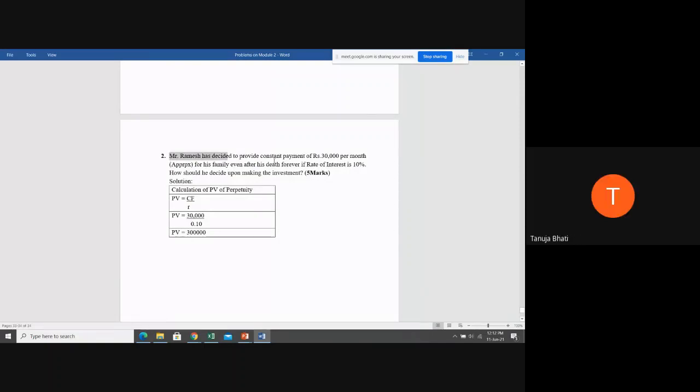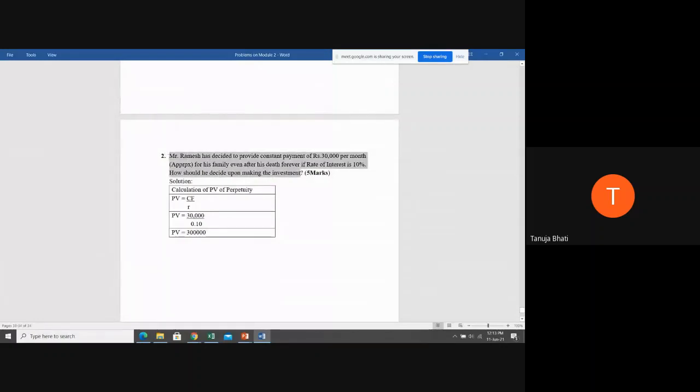Okay, Mr. Ramesh has decided to provide constant payment of rupees 30,000 per month for his family, even after his death forever. If the rate of interest is 10%, how should he decide upon making the investment?